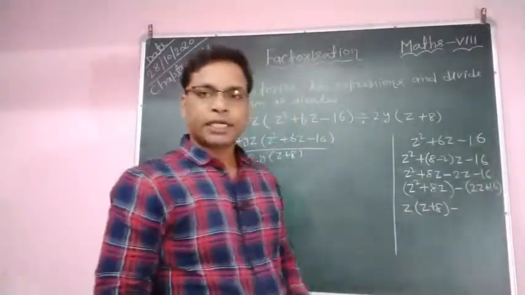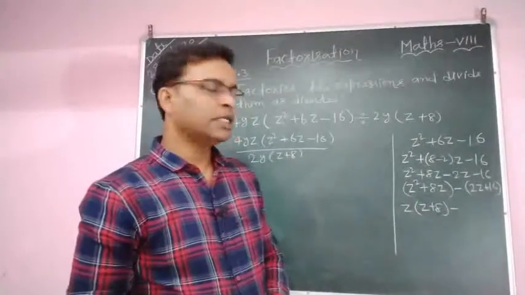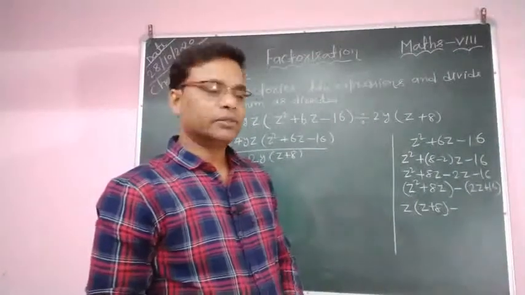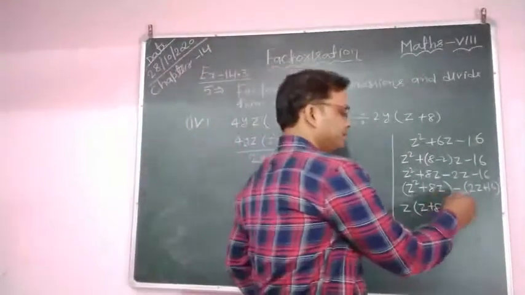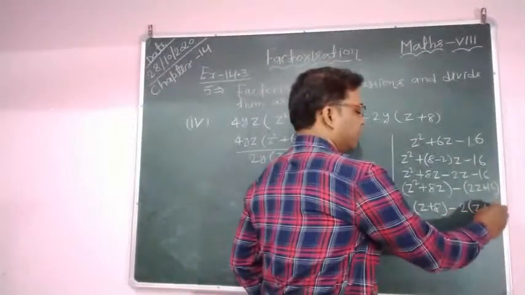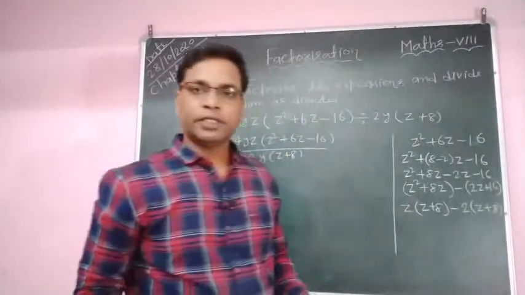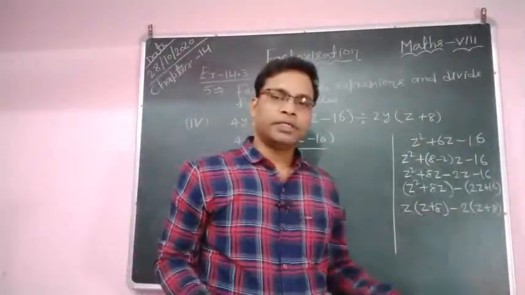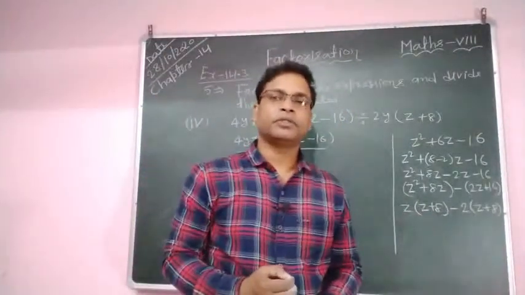What is common in the second terms? You can see 2 is common in the second terms. So you can write here 2 into z plus 8. Now here we notice that z plus 8 is common between them.